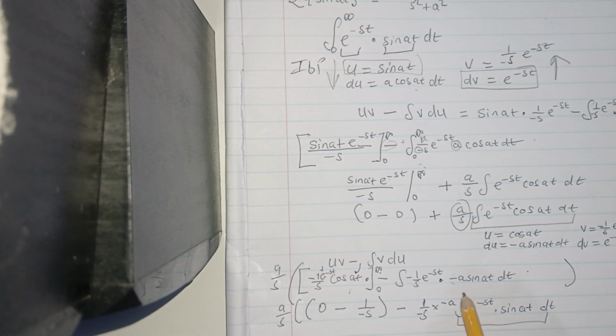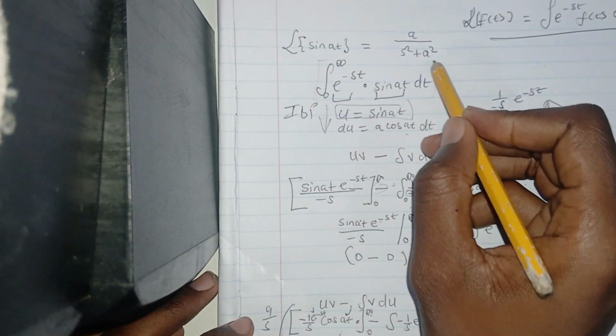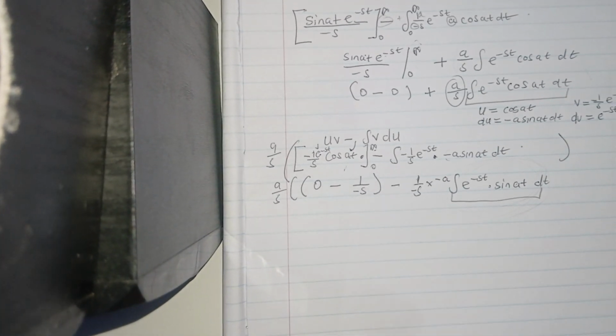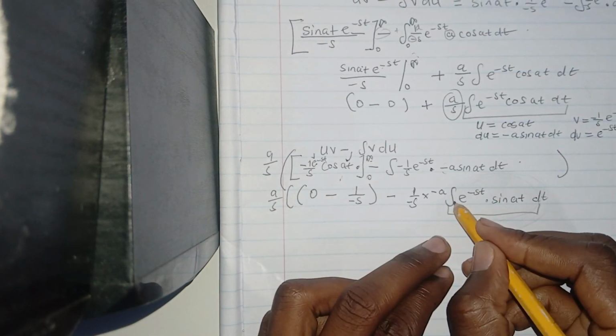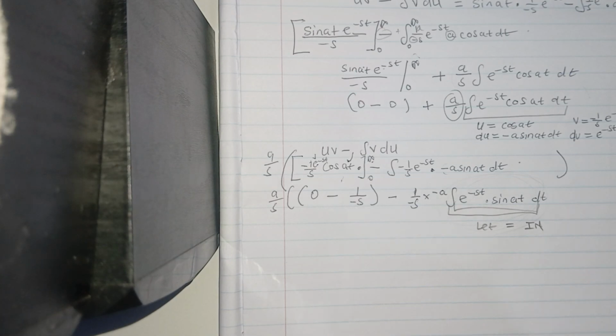So that means this one is the Laplace transform of sine, because remember, when we started here, where we had this that I'm solving now, we can just say let this be something like maybe I_n.